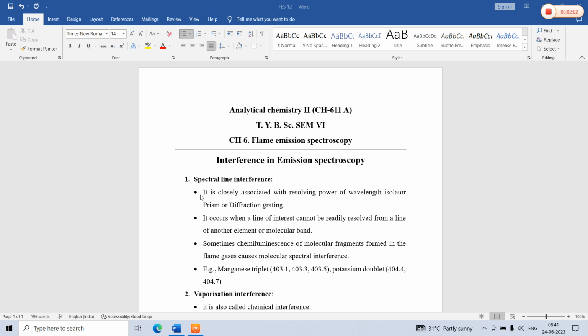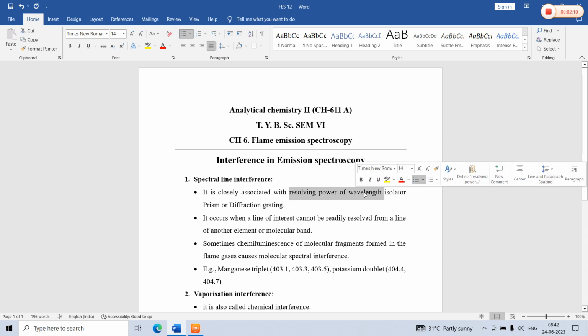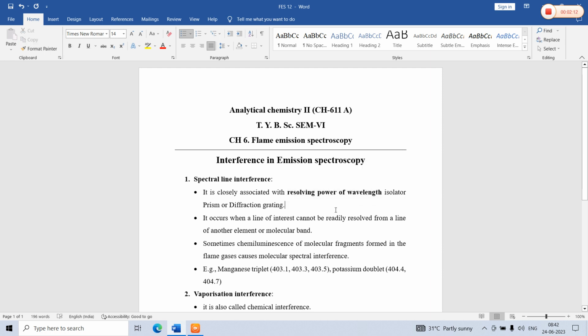First point is that it is closely associated with the resolving power of the wavelength isolator. We know there is a monochromatic system, or we can say optical system, which is nothing but the prism or diffraction grating.